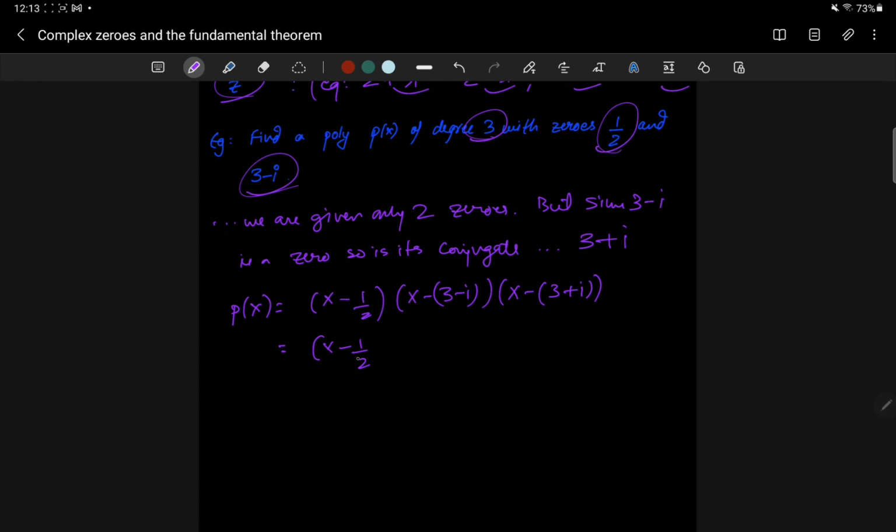That's x minus half. So again, it's a minus b and a plus b. Oh, we've got to rewrite it a little bit. x minus 3 plus i, x minus 3 minus i.